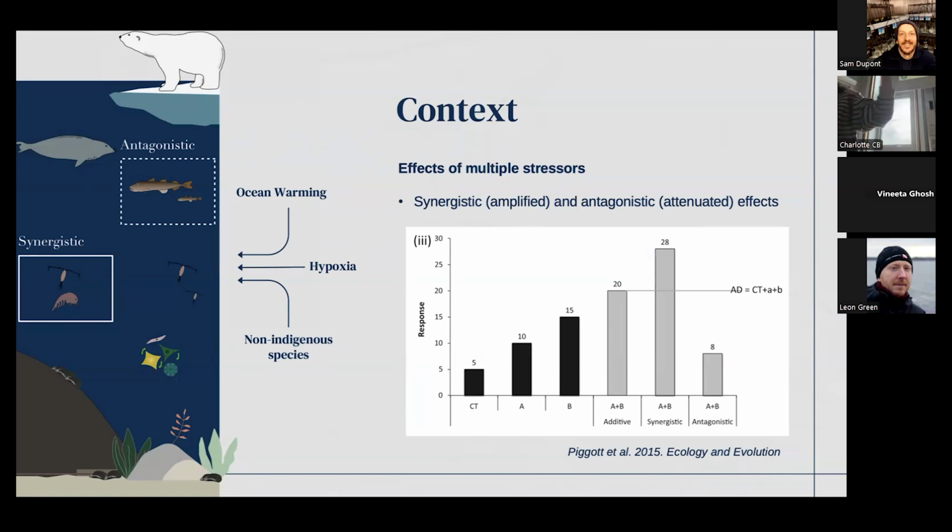We're going to have stressor B, which has a different impact, and we're going to have a synergistic effect when the response that we observe when both stressors are combined is higher than the addition of the effects of those two stressors, and we're going to have an antagonistic effect when it's lower than what we would expect in an additive manner. So if we simplify, for synergistic effects, we have amplified effects, and for antagonistic effects, we have attenuated effects.